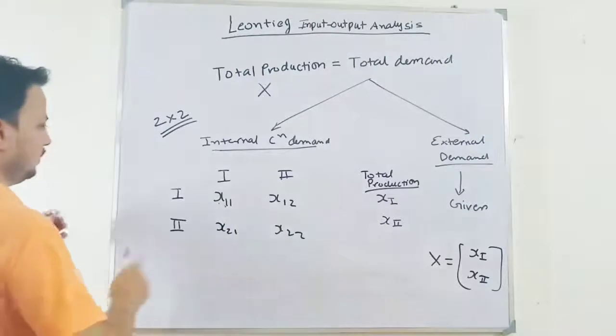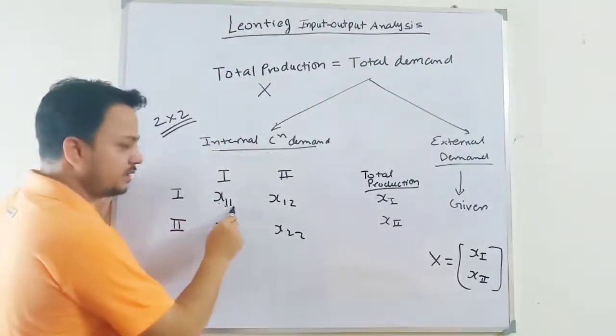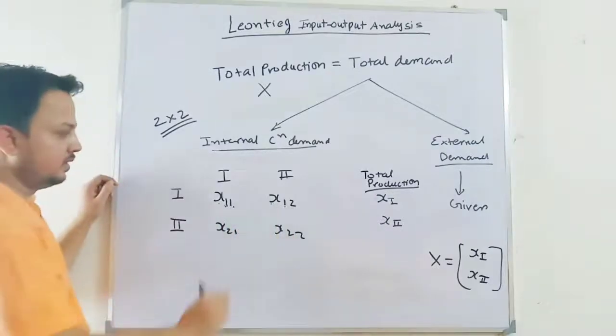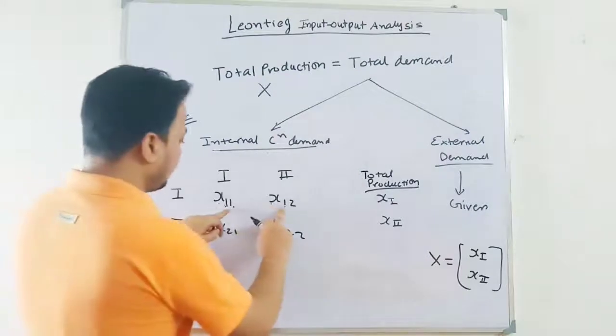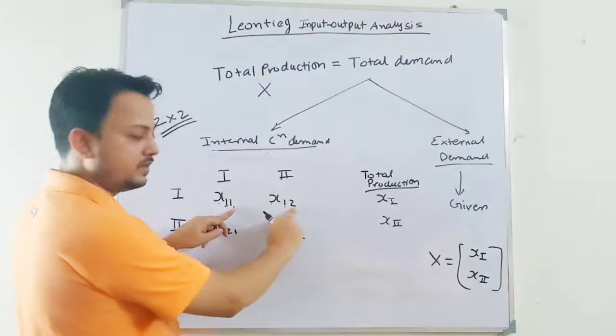Look at here. The amount of output of first industry used by first industry, and the amount of output of first industry used by second industry. So both are first industry output, used by first industry and here used by second industry.